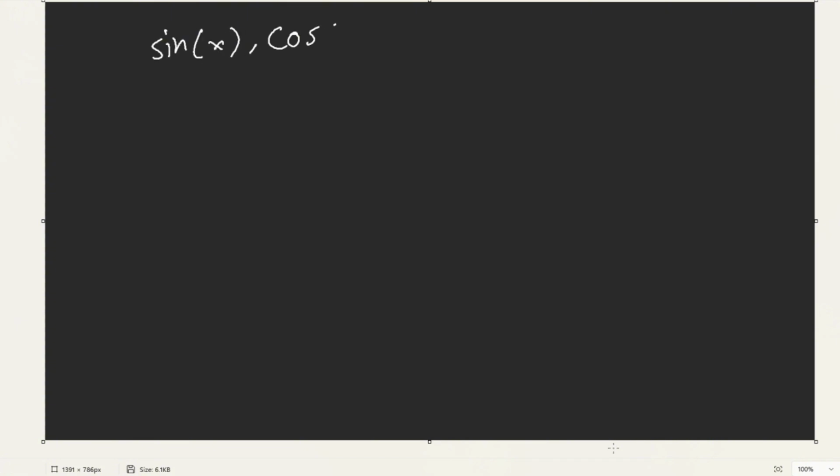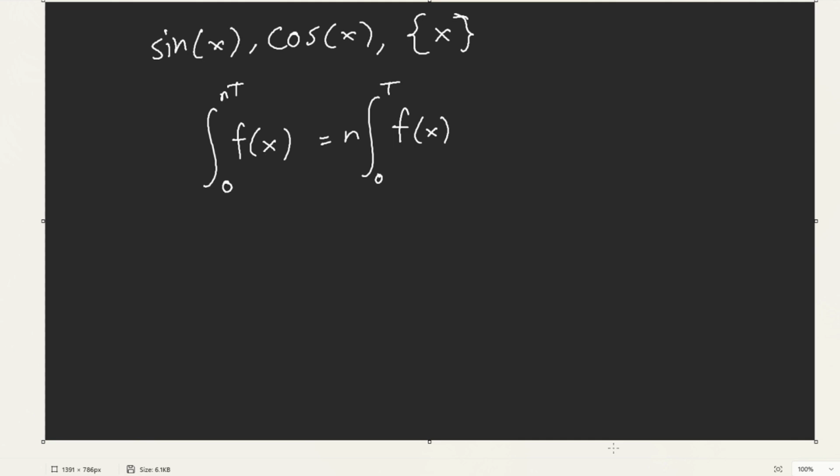Their period is 1. So whenever you have a periodic function f of x with period T, this is the periodic rule.